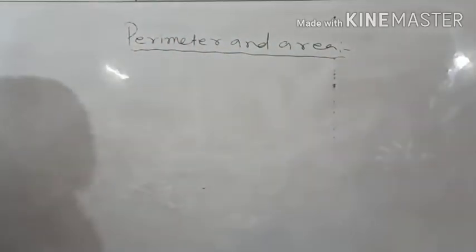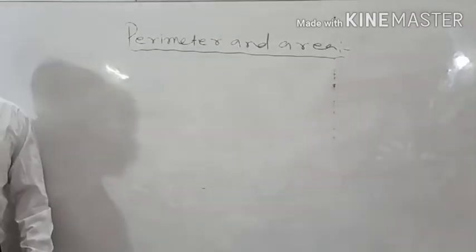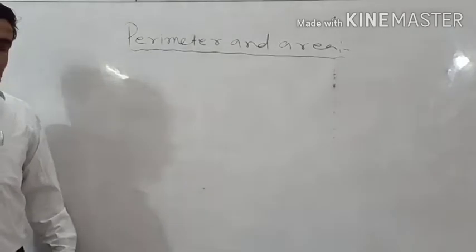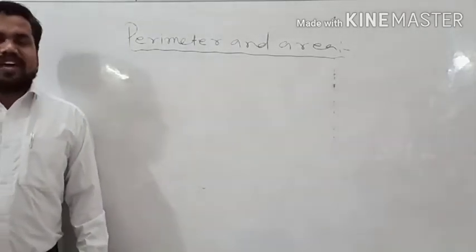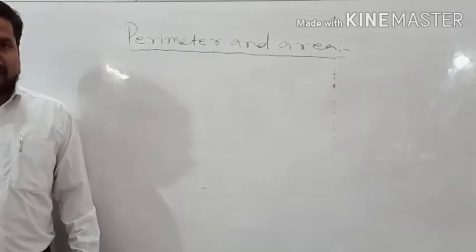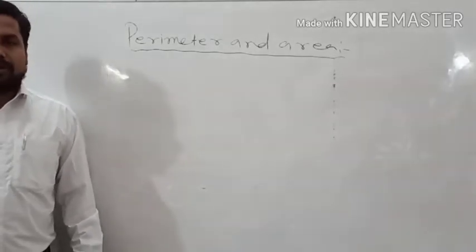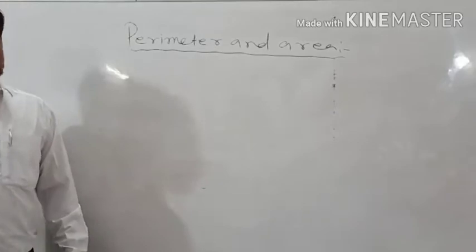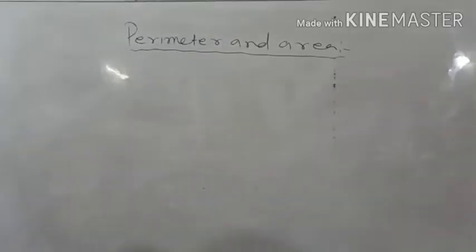So the concept of perimeter and area, the basic thing, we will learn. We have already been learning since class 5 also, about how to find the perimeter of a particular geometrical figure, right? So let us start with the rectangle now.